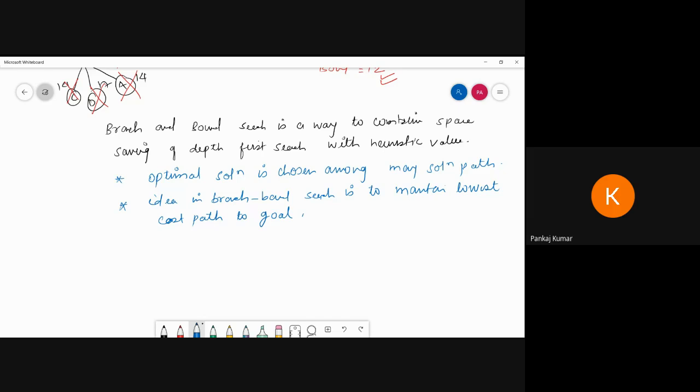Okay, this is the follow-up, and yes, this is optimal, but it will not be complete because too many solutions are present. So we can say that it is optimal and complete. When you talk about the time complexity, it is the same as BFS and DFS, order of b power d.